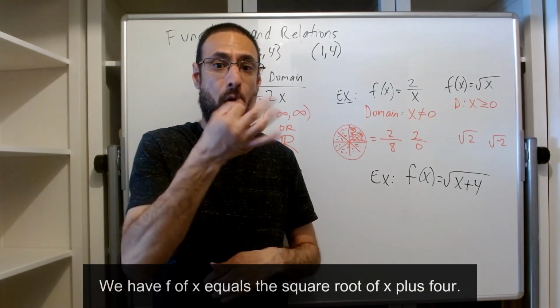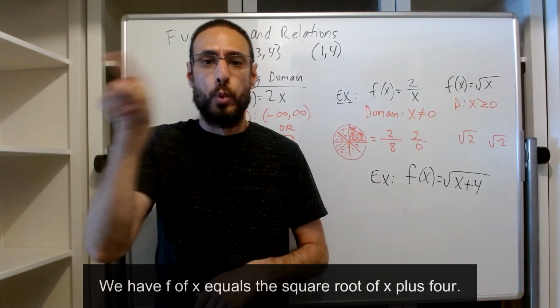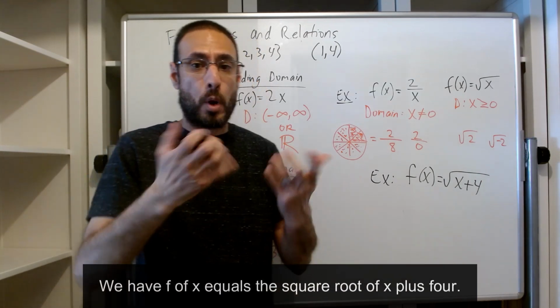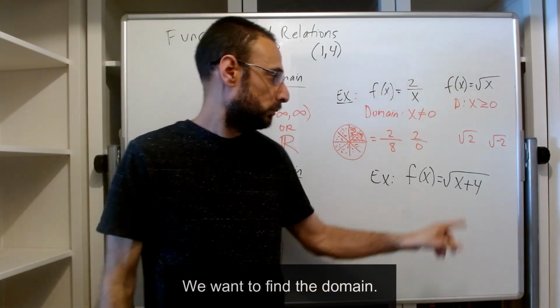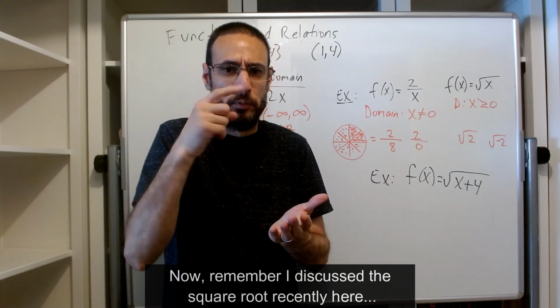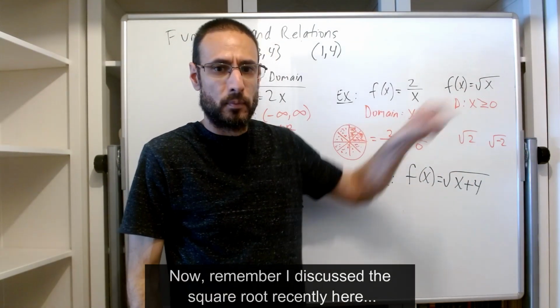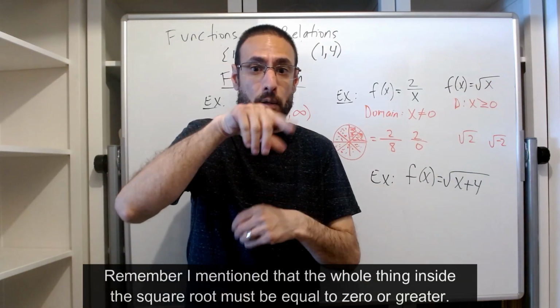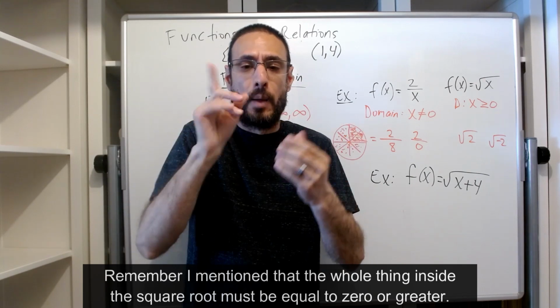We have f of x equals the square root of x plus 4. We want to find the domain. Now, remember I discussed the square root recently here. Remember I mentioned that the whole thing inside the square root must be equal to 0 or greater.